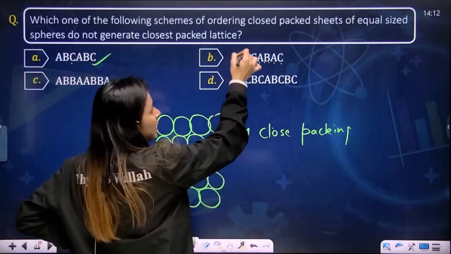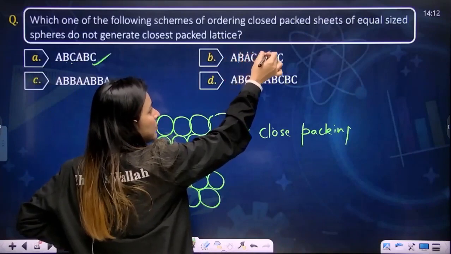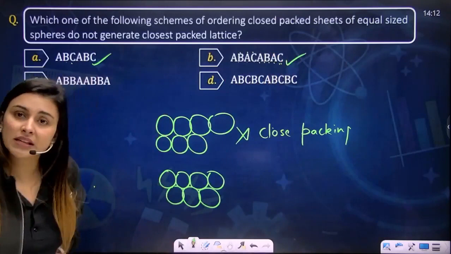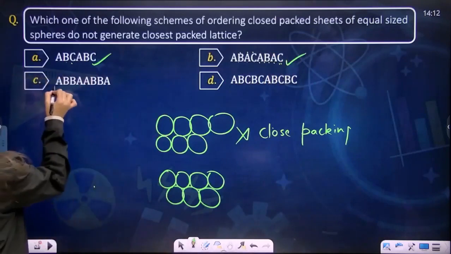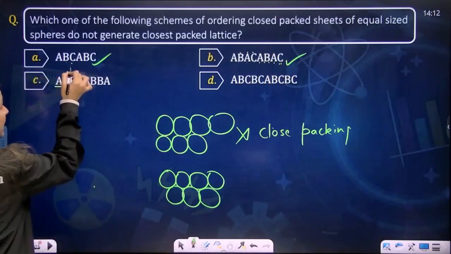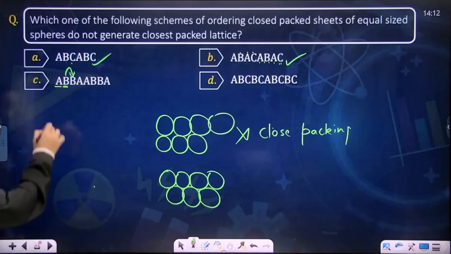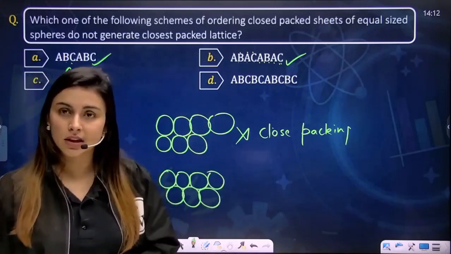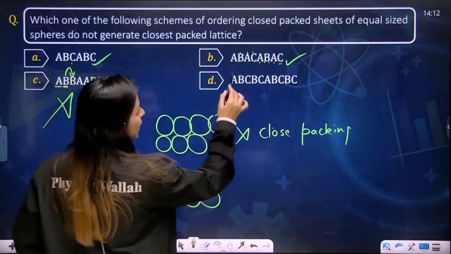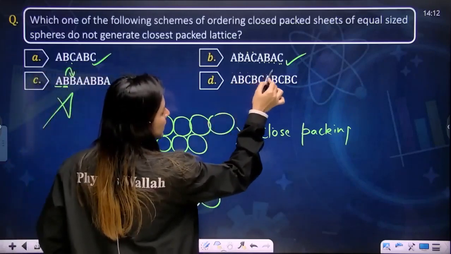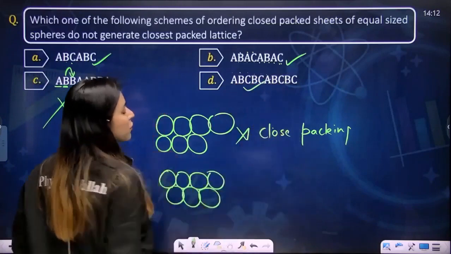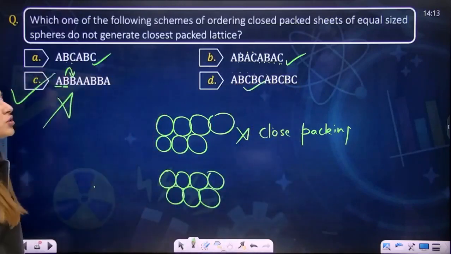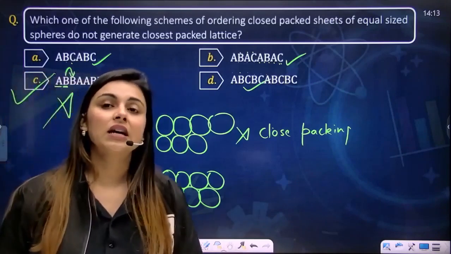A, then B, then A, then C, then A, then B, then A, then C. Nothing is repeating, so this will also generate a close packing. If you see here, after A you are getting B layer and then again you are getting B layer. This will never give you a close packing because one layer is repeated with the other layer. Here you have A, B, C, then you have B, then C, then A. Nothing is repeating, so this will also give you close packing. Only one will not give you close packing, that is option C. So option C will be your correct answer.